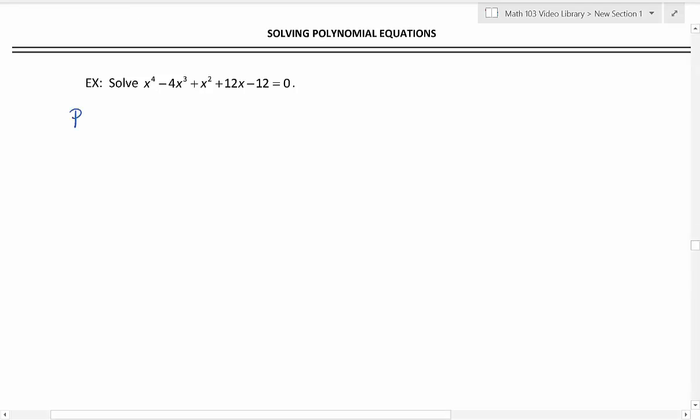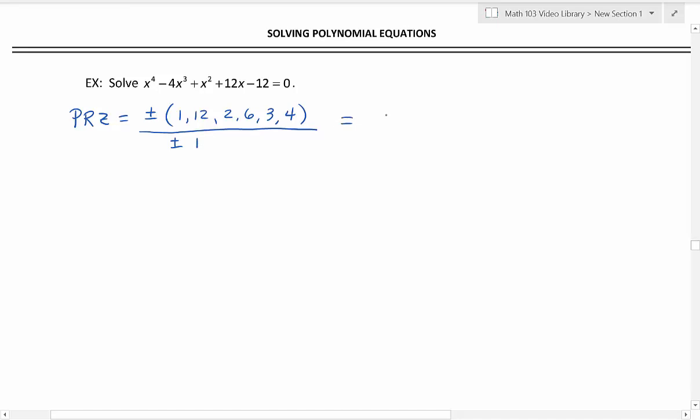Our possible rational zeros are all plus or minus, and we're taking the factors of the constant divided by the factors of the leading coefficient. The factors of our constant include 1 and 12, 2 and 6, 3 and 4.